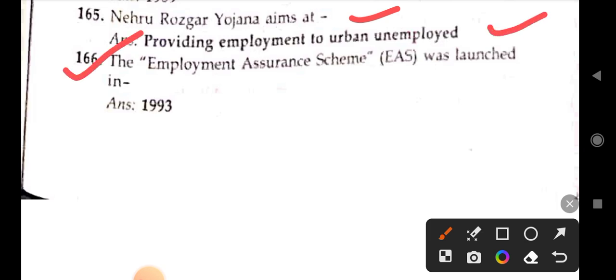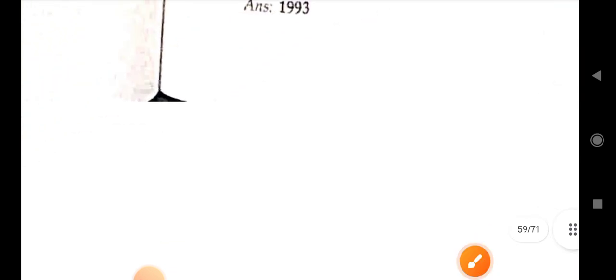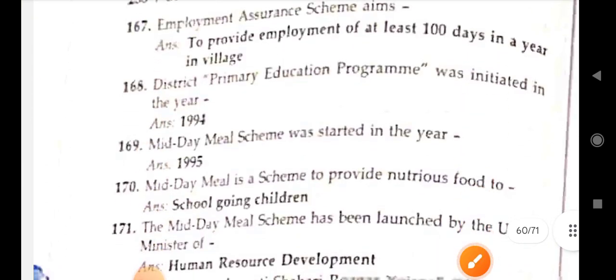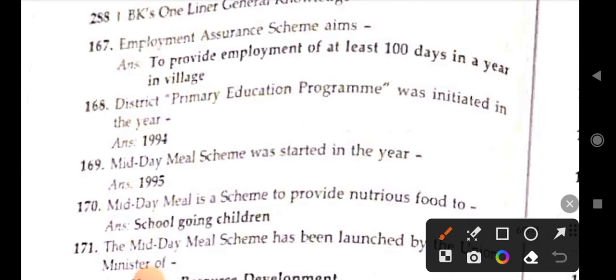The Employment Assurance Scheme, EAS, was launched in 1993. The Employment Assurance Scheme aims to provide employment of at least 100 days in a year in villages.